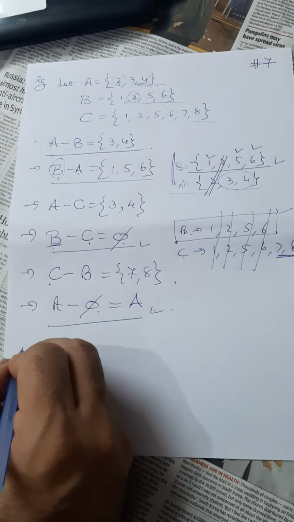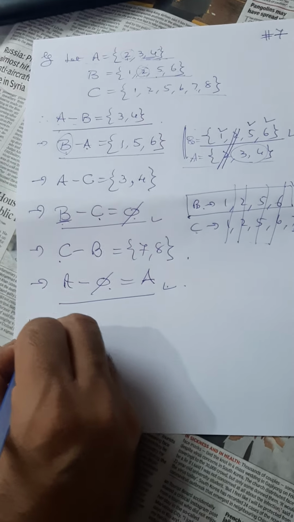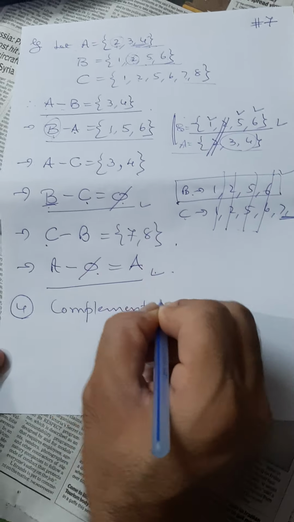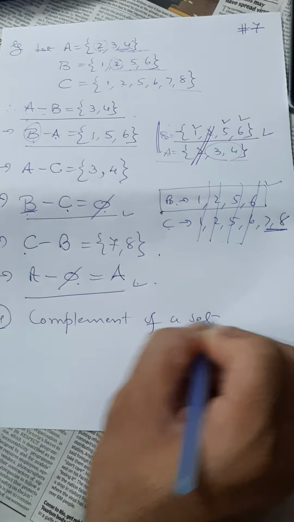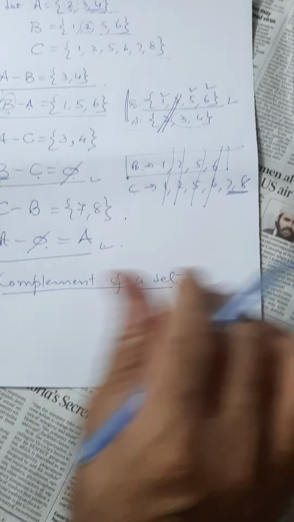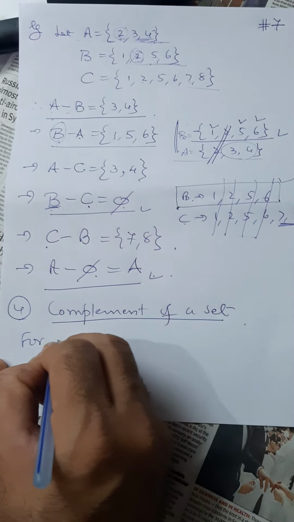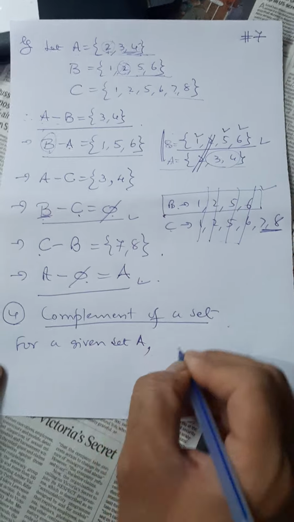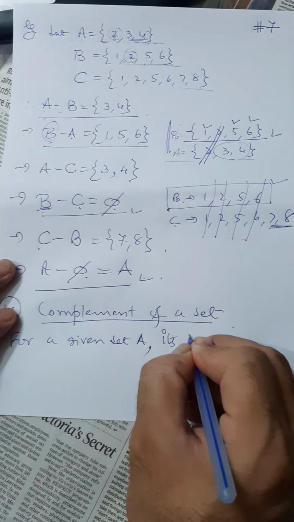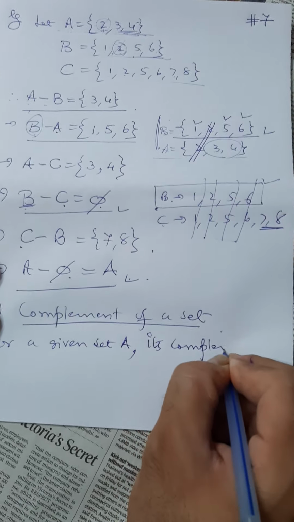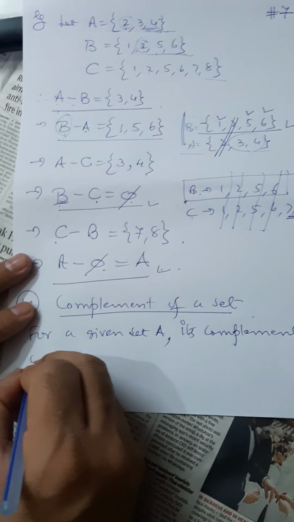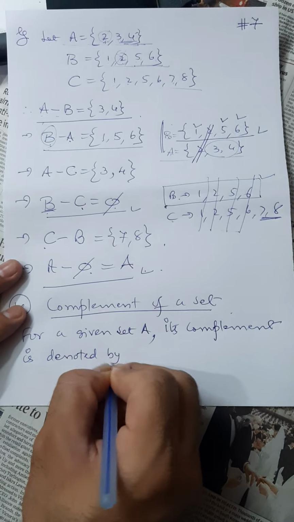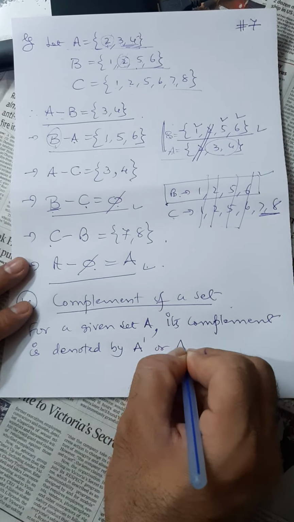Now next we have a fourth one, which is complement of a set. So for a given set A, its complement is denoted by this symbol, denoted by A dash, or sometimes A raised to c.